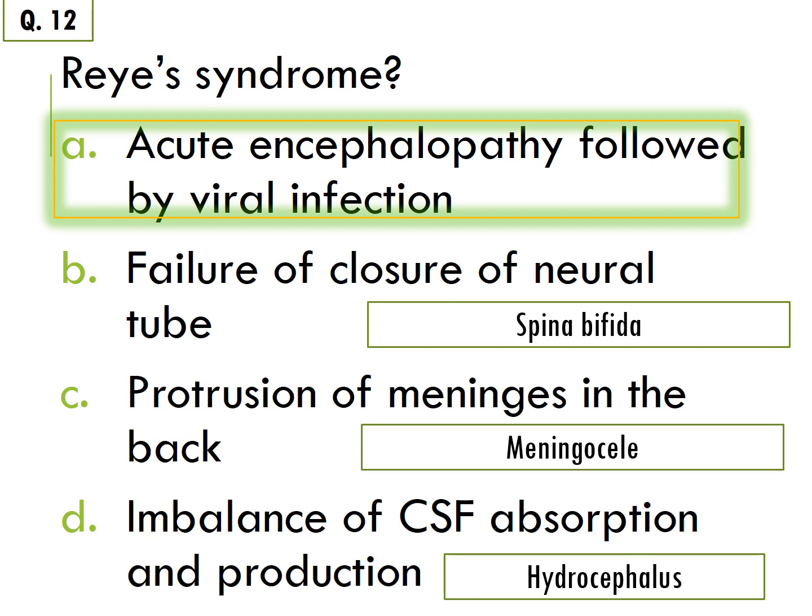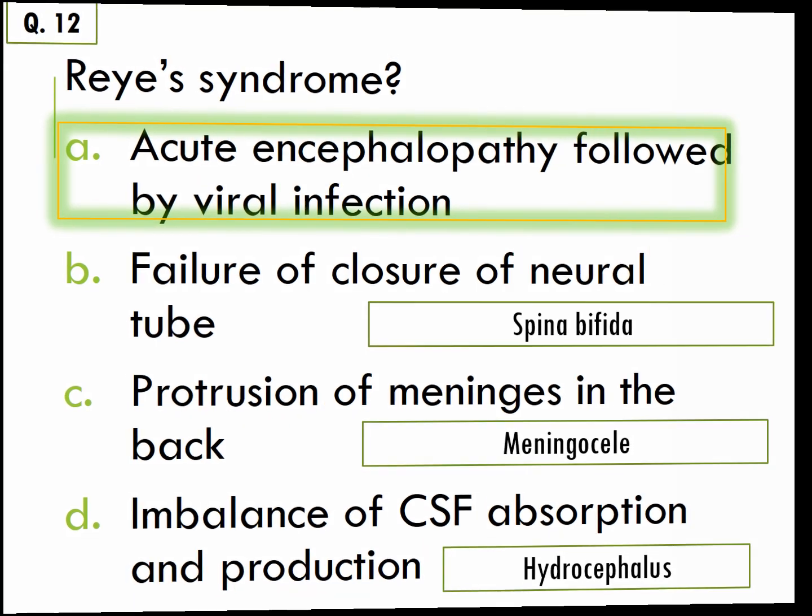Failure of closure of the neural tube is also called neural tube defect, as we all know it is called spina bifida. Protrusion of meninges in the back is also called meningocele, and imbalance of CSF absorption and production is called hydrocephalus.